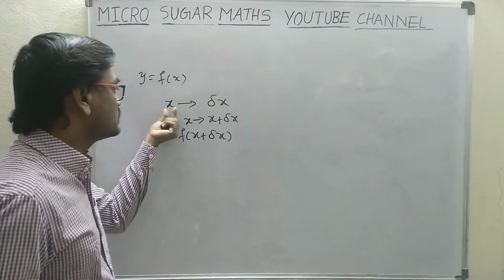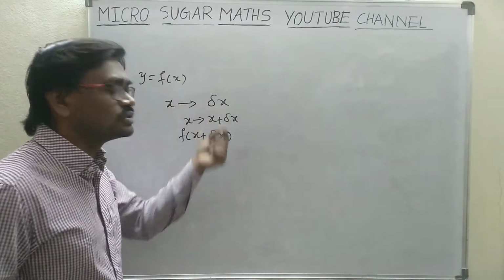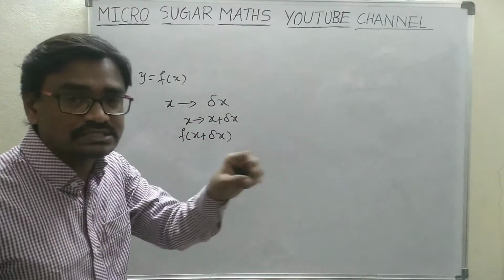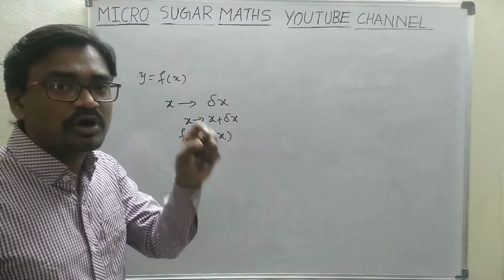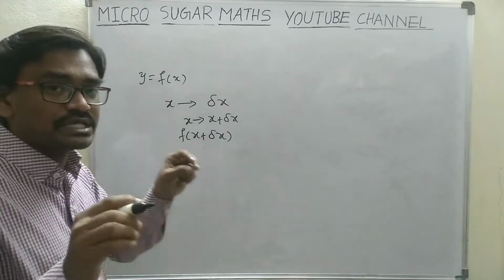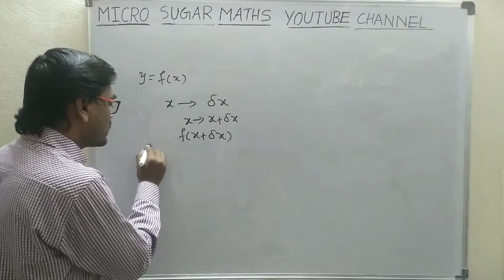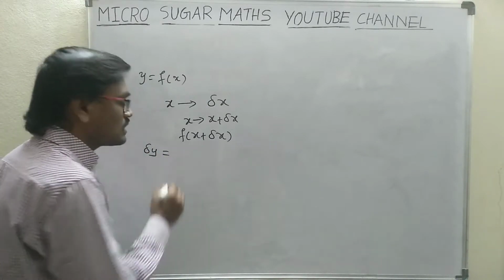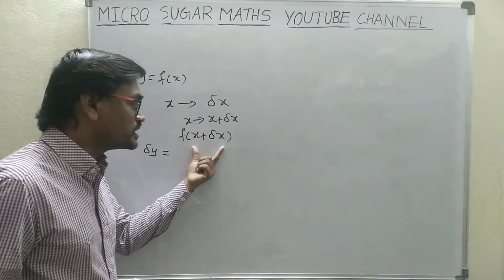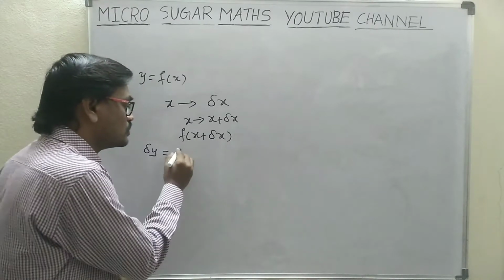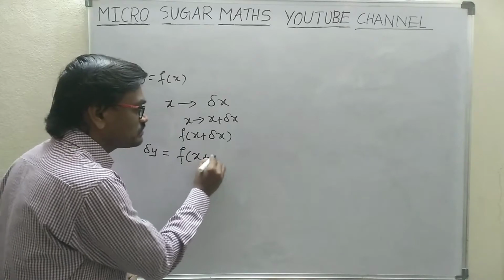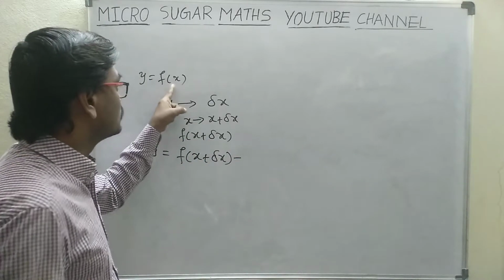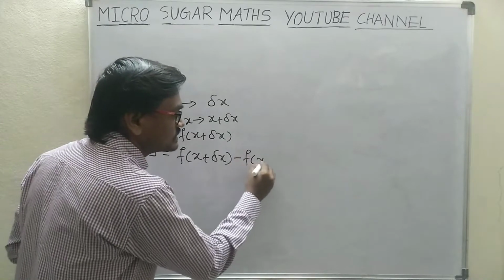Now students, when x is increased by delta x, then y also increases, and the small increase in y is denoted by delta y, and is given by the increased function value, f of x plus delta x, minus the original function value, f of x.